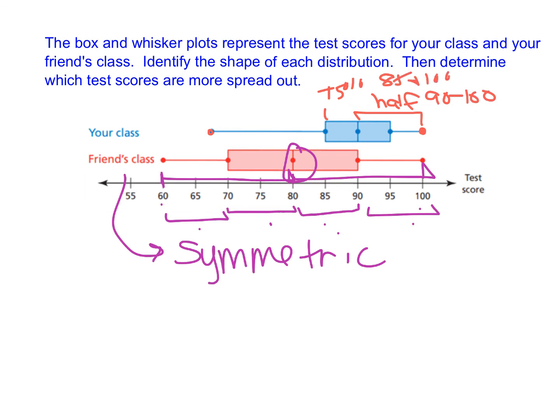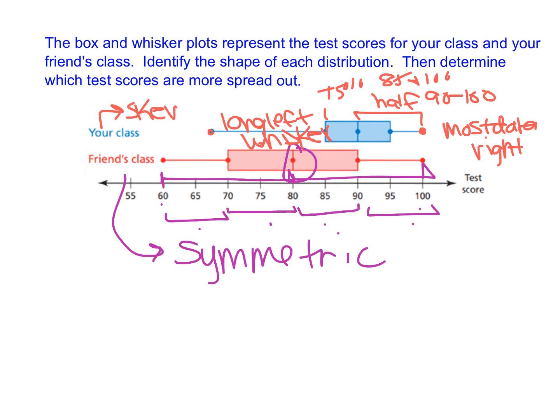So just by looking at this, I can see that I have most of the data on the right-hand side and that I have a really long left whisker. When I have a really long left whisker and most of the data is on the right, that is what is called skewed left.